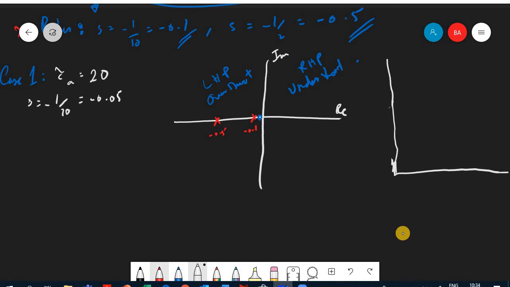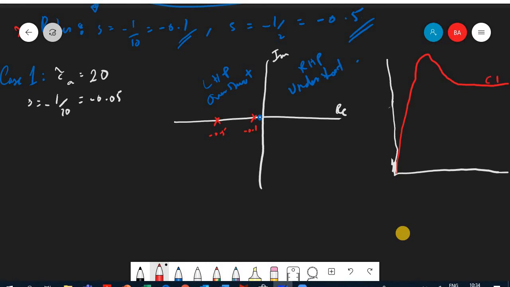Let me draw this in a different color. Something like that, and then it goes down and it settles. So that is my first figure for case 1. I'll just write C1.